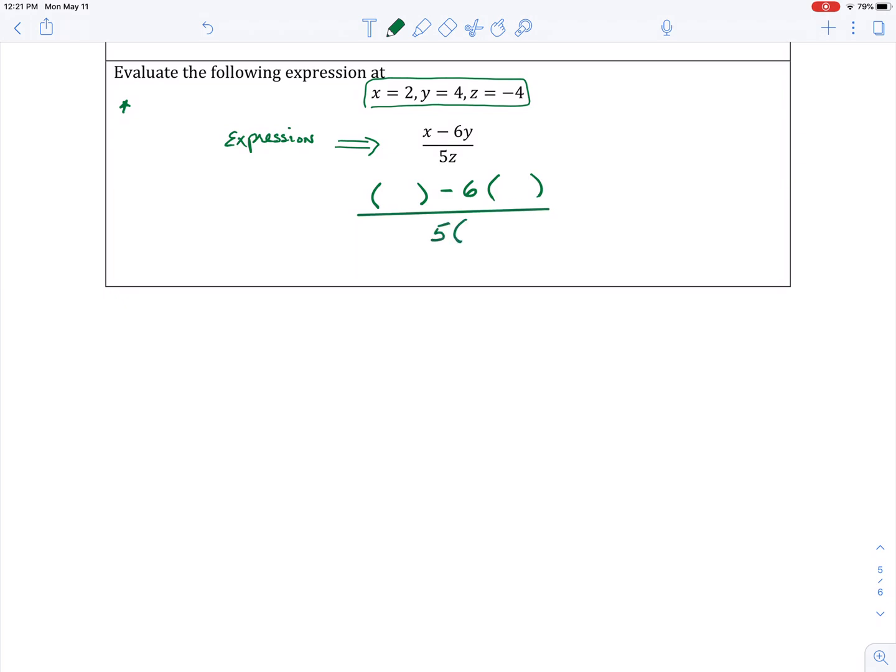So again, you see me copying down the expression, leaving out the variable parts, and then coming back and looking to my numerical assignments for the variable parts. So there are my substitutions.